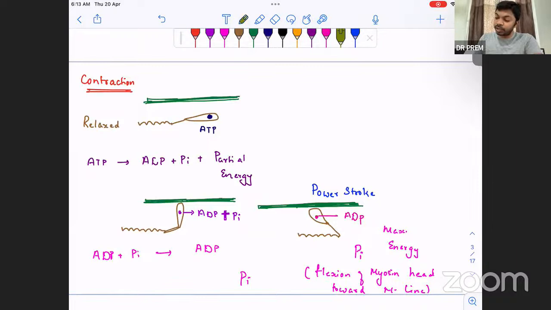When it comes to relaxation, how does a muscle relax? Of course, relaxation is significantly dependent on ATP. So the first and foremost event is mitochondria has to keep generating adenosine triphosphate.